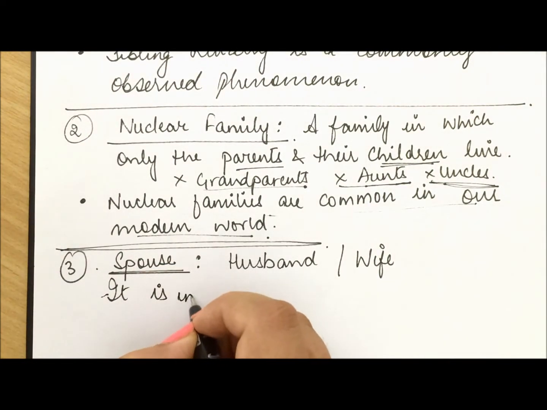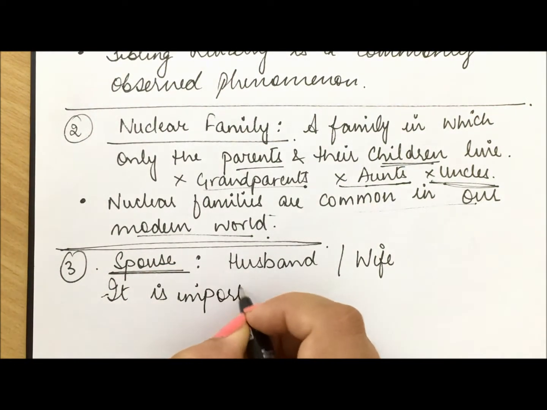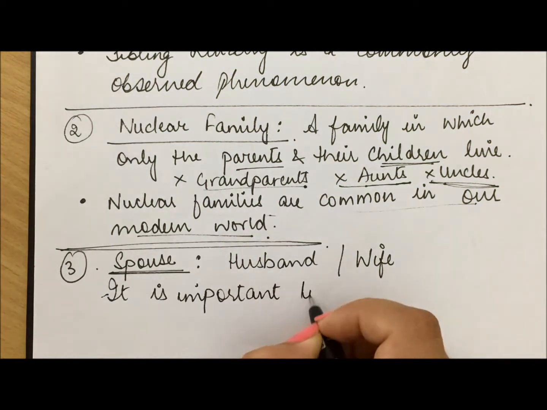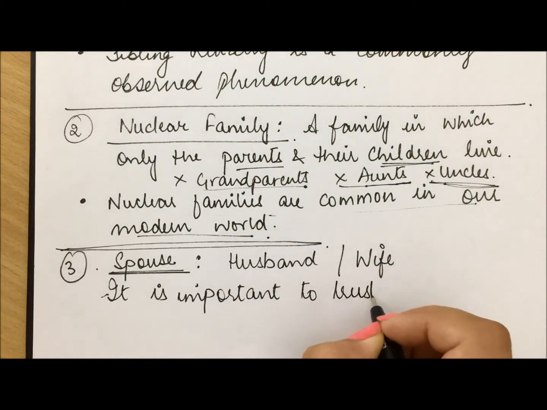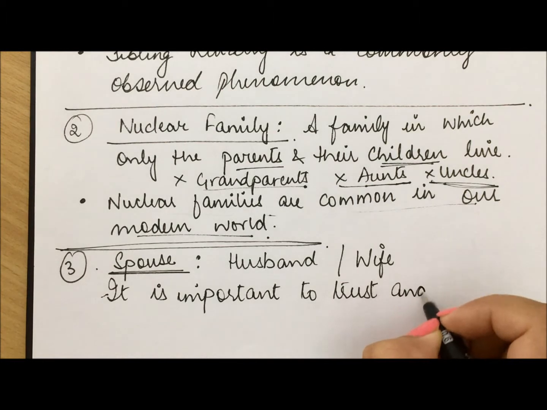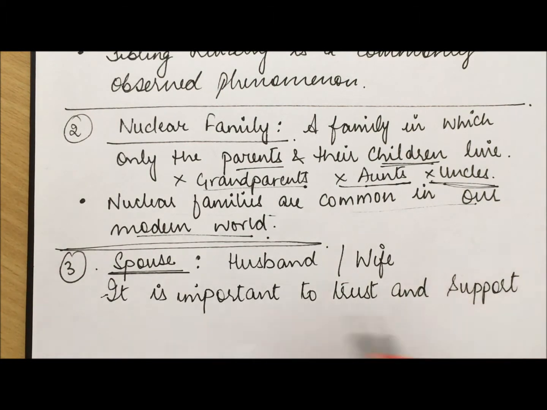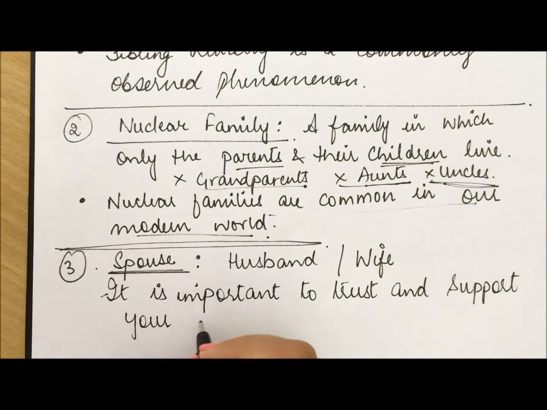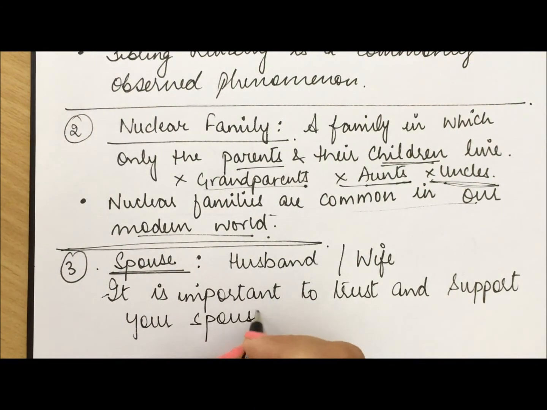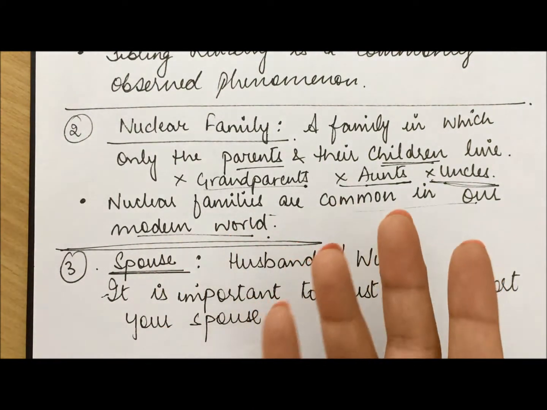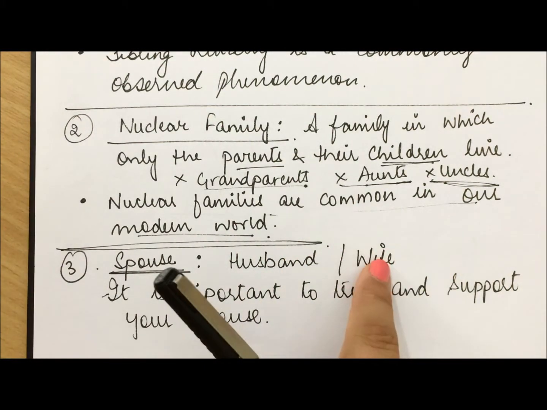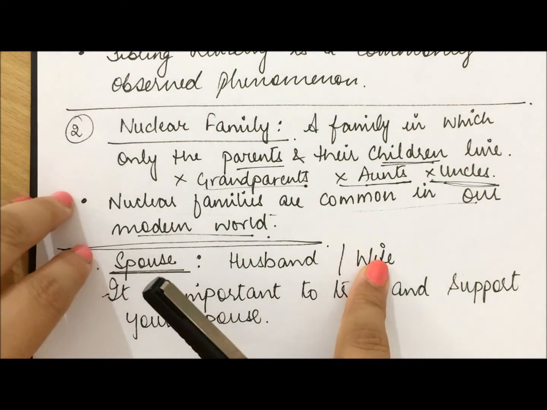It is important to trust and support your spouse. So every person should trust and support their husband or their wife. This is how we are going to use the word spouse.